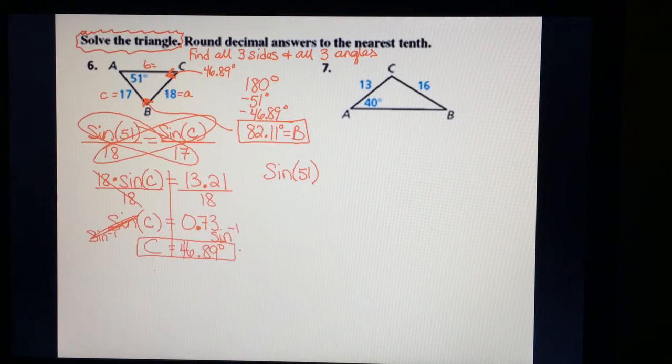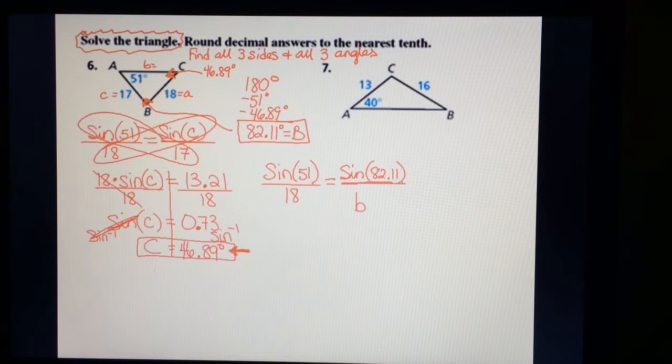If I had used C down here, I totally could, but he's a decimal. I just don't want to deal with that. So I'm going to stick with the sine of 51, which corresponds with the 18. And I'm trying to find, the only one I don't know is side B. The angle that corresponds with B is the 82.11 that we just found.